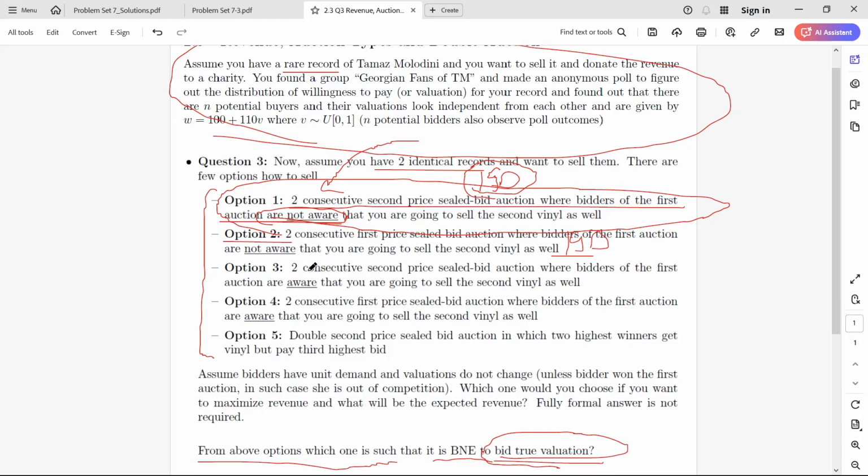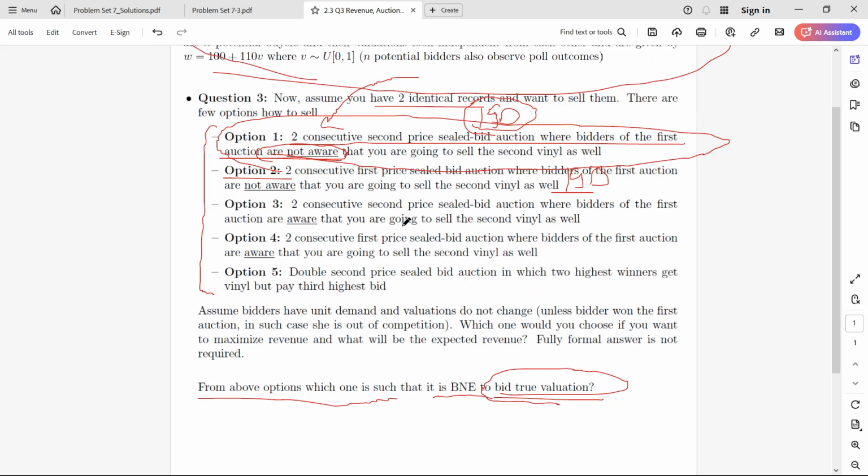Here, two consecutive second price sealed bid auctions where bidders of the first auction are aware that you're going to sell the second vinyl as well. Imagine you have period T1 and period T2. In period T2, the remaining guys will play normally, so probably in equilibrium the highest guy will buy.